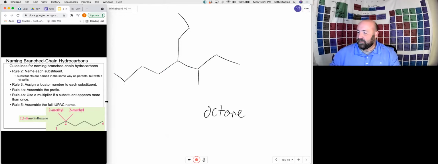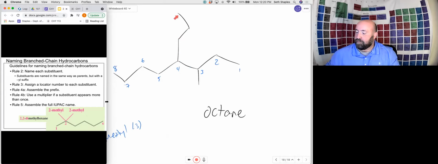Now I'm going to look at my numbering. I want to number starting from this side because that's going to get me to my lowest numbers. And I can see that I have a methyl at the 3 position. I'm just writing these off to the side for now. You'll see why in a second. Methyl at the 3 position. I also have 1, 2, 3.